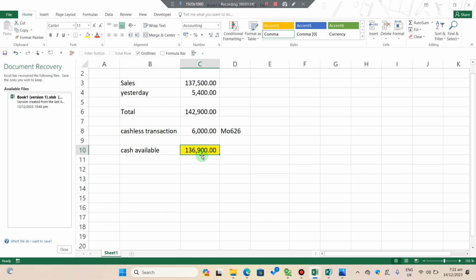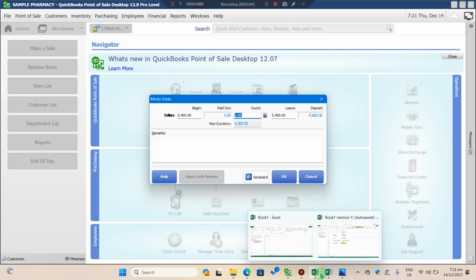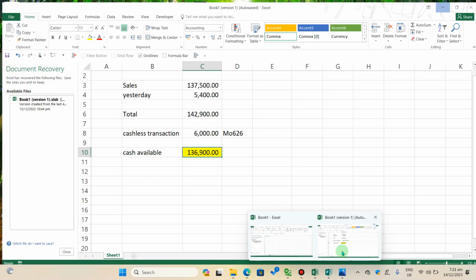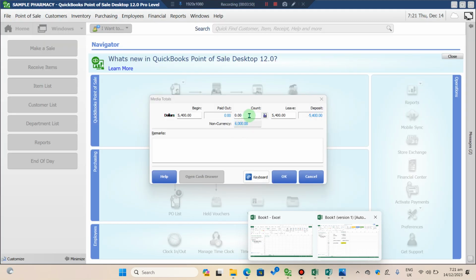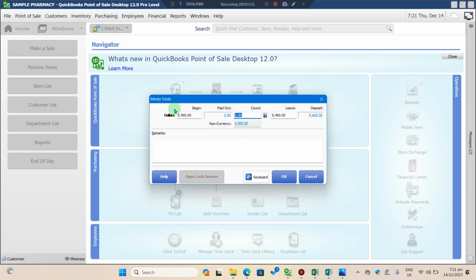So 136,900 ikupatula 6,000, and it's also including 5,400 ya dzulo. So actually here if I do a draw account, we now kupeza 136,900. So on count here I'm writing 136,900.